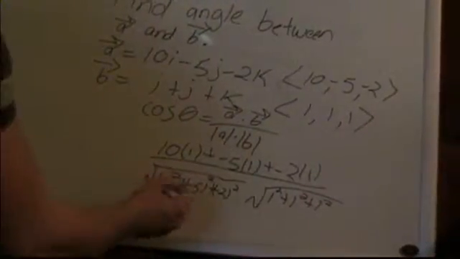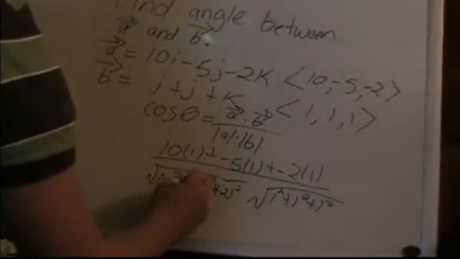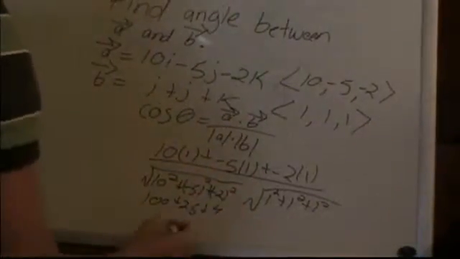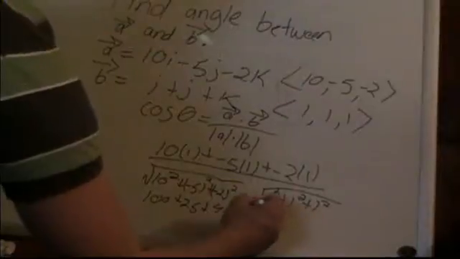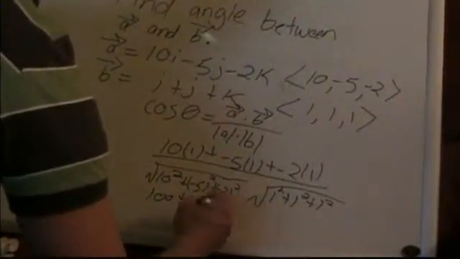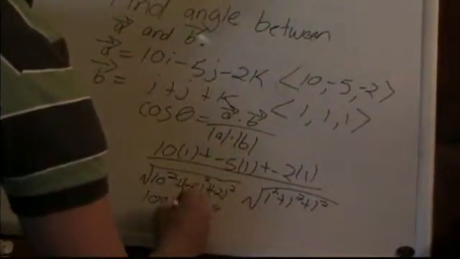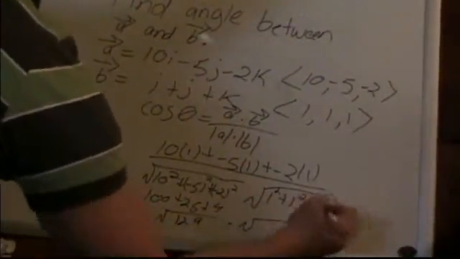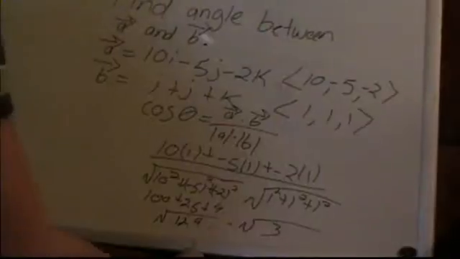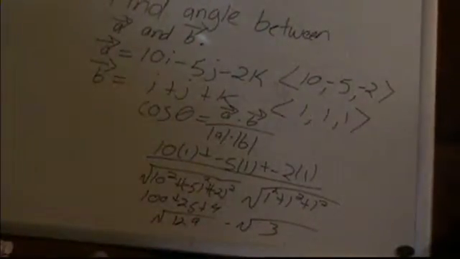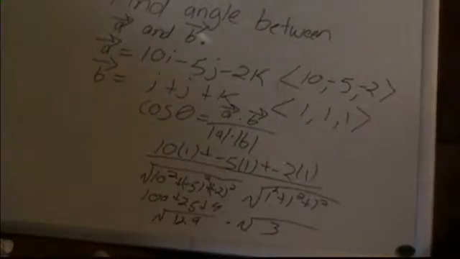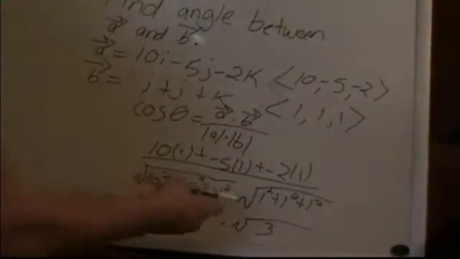So it's going to be 100 plus 25 plus 4. It's 129. So radical 129 times radical, that's 1 plus 1 plus 1, so 3. And so that would be radical, you multiply those two together, and that'll give you radical 387.